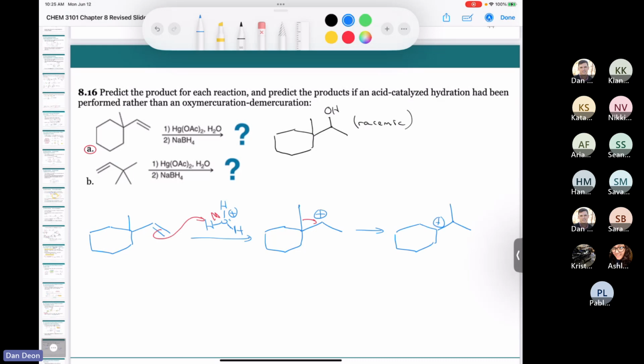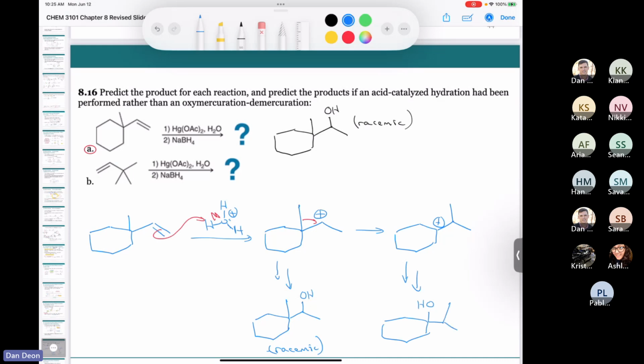And so you're going to get a mixture of products, aren't you? Right? After nucleophilic attack and proton transfer, you're going to get a mixture of this compound, the same compound we got from the oxymercuration, demercuration, and of course that's going to be racemic. And you're also going to get some of this tertiary alcohol as well.